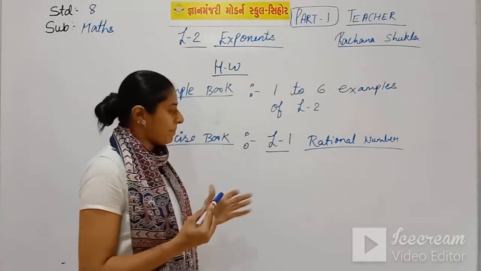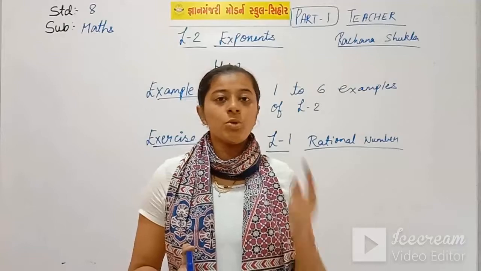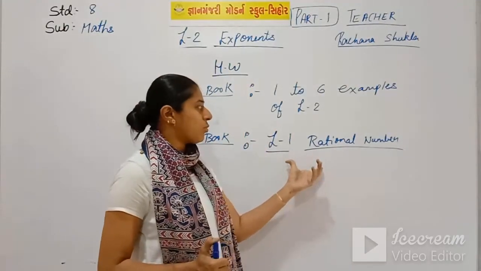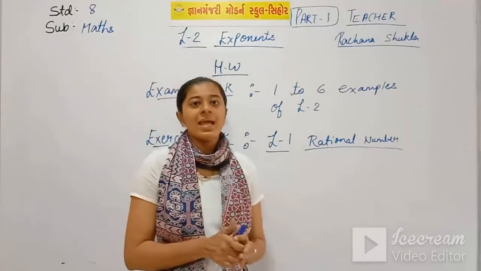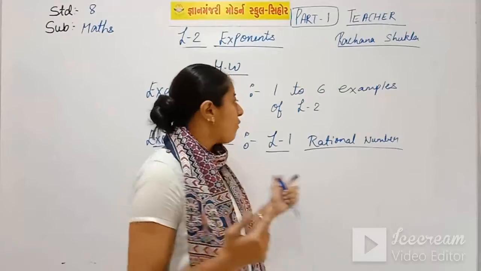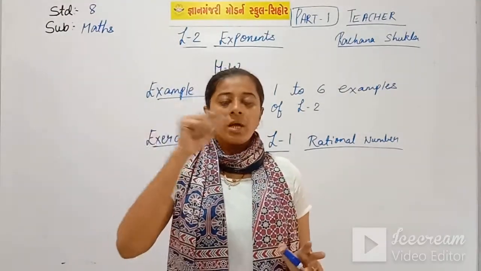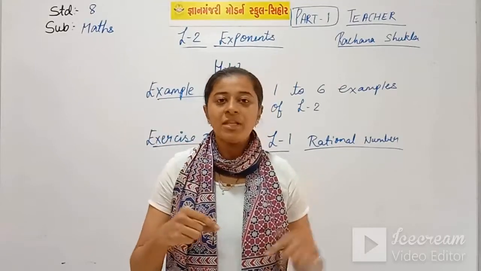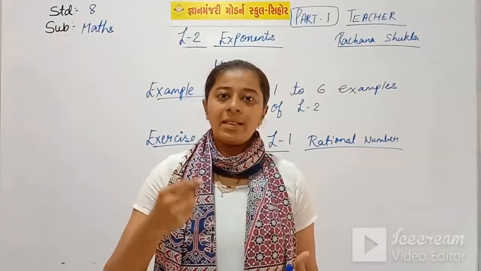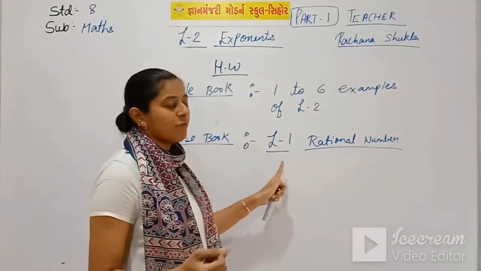I repeat, students, first complete lesson number 1 and then start lesson number 2 from a new page. What I have taught you today, you have to write the 2 examples, the power, base, everything in this video, what I gave you as introduction and then the definition, but only after completing lesson 1.